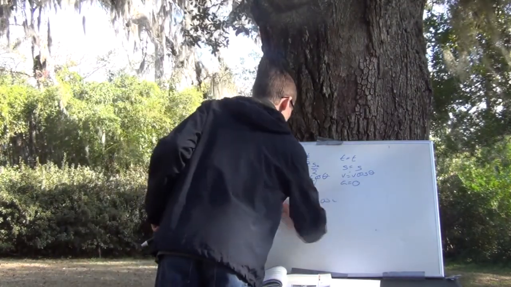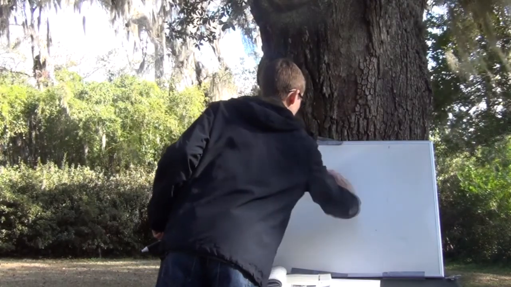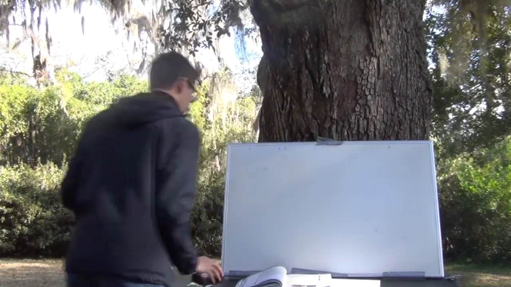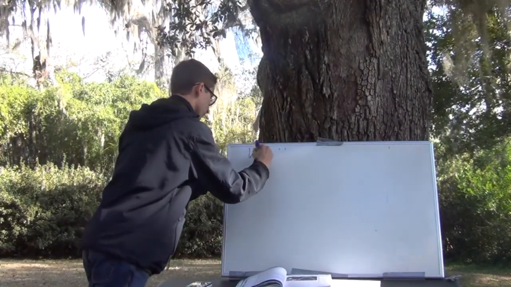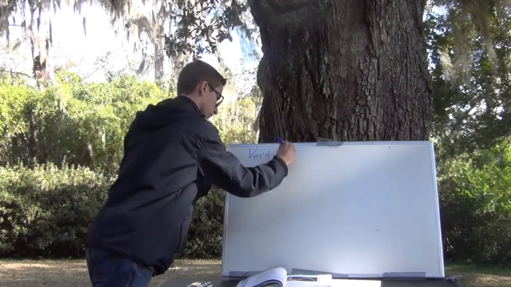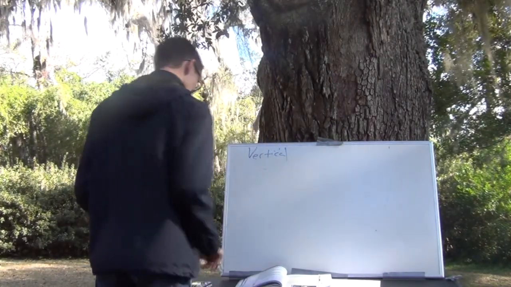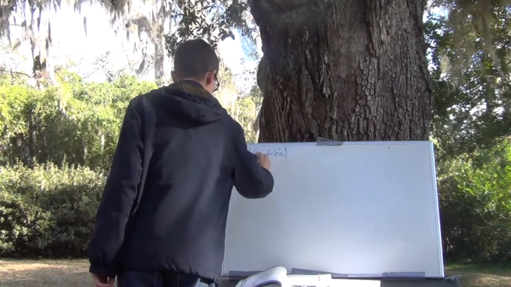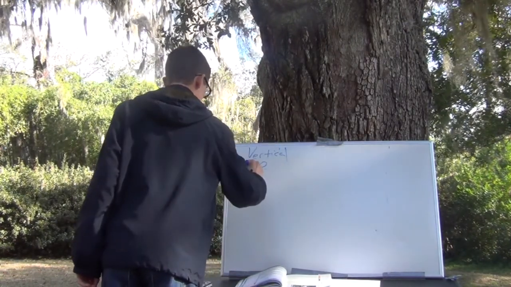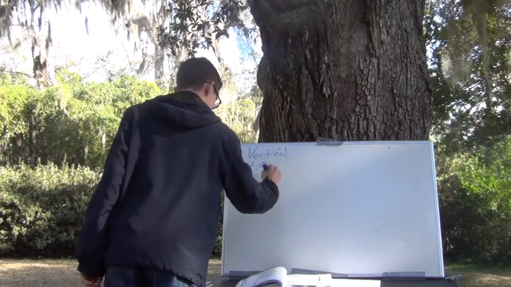Now, if we take it on the flip side, and we find our vertical components, we look at t equals 0, our displacement, once again, is going to be 0.